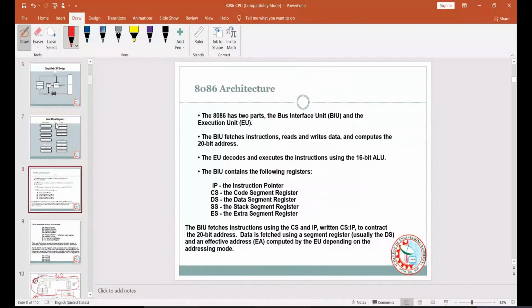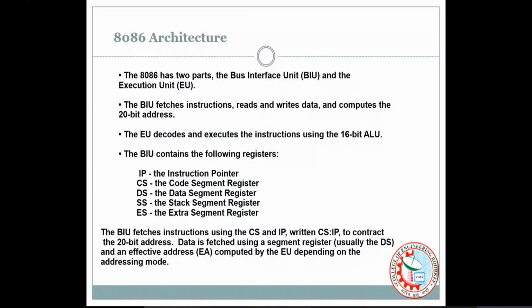BIU stands for bus interface unit. These are the jobs of the bus interface unit. So whatever operation is related with buses, instruction fetching, reading, writing, and calculation of addresses, all these jobs will be done by the BIU.